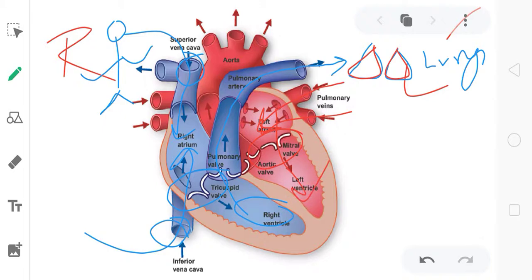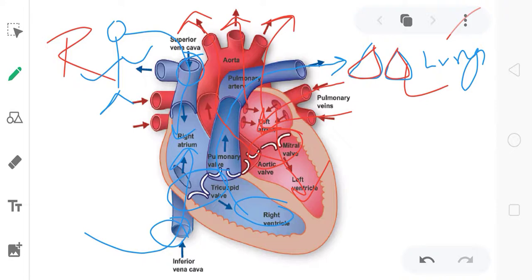When the left ventricle contracts, the blood goes to the body, to the aorta, and oxygenation of the different parts of the body will happen. So this is the anatomy and physiology of the heart in normal condition.